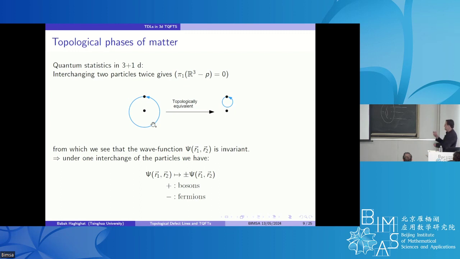Then you can have either plus or minus signs, because only these cases will give you the identity when you exchange twice. Exchanging twice is basically going once around here. So therefore, the particles can be either, let's say, bosons or fermions. Either nothing happens to this wave function or they pick up a minus sign. Now, this is the situation in 3+1D.